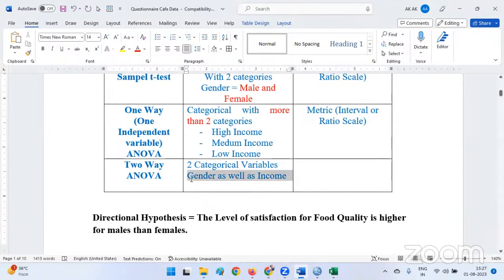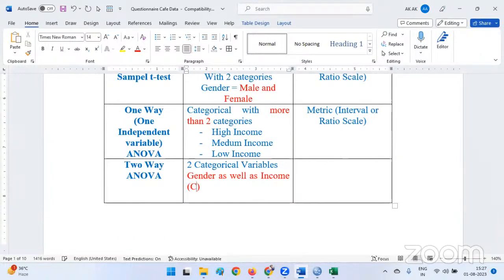Then there is a case of two-way ANOVA. Gender as well as income both at same time, not separately, combined effect. Okay. I'll show you in the SPSS what is the problem. So when we see the combined effect of both, then we go for two-way ANOVA.